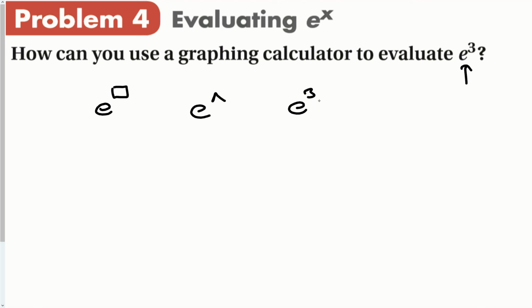So on my calculator, it looks just like this one, and if I wanted to calculate E to the third, I would get 20.0855. Okay, so take a minute to figure out where E is on your calculator because we're about to start using it.